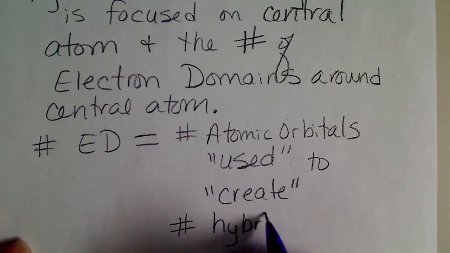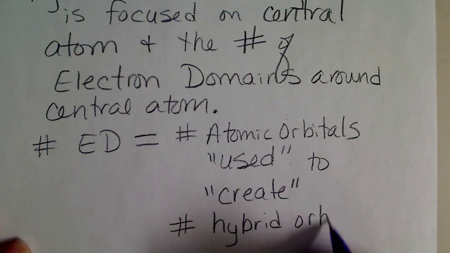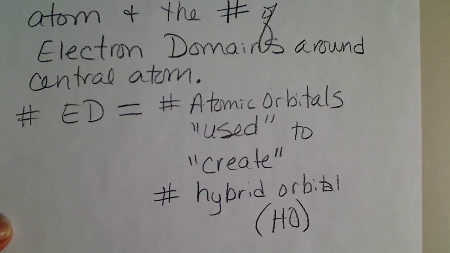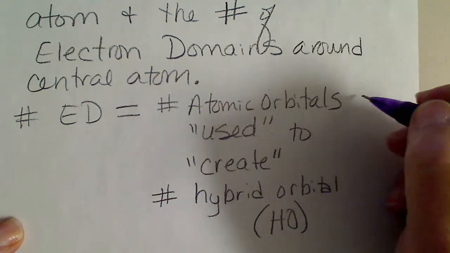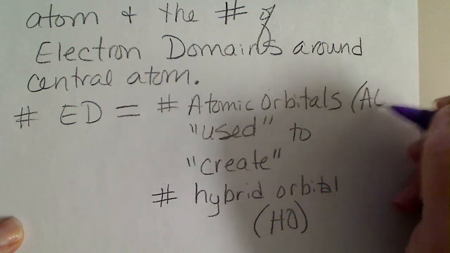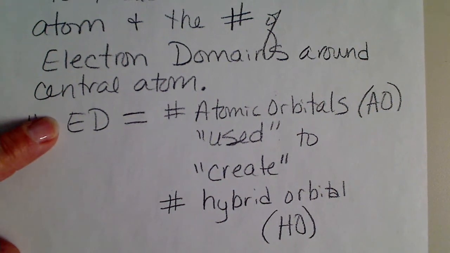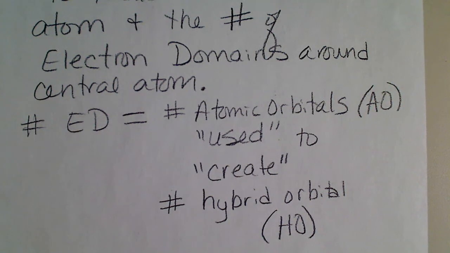So I usually abbreviate hybrid orbitals with HO. Do a lot of abbreviations in this theory. Atomic orbitals I call AO, and then the number of electron domains around the central atom is ED.